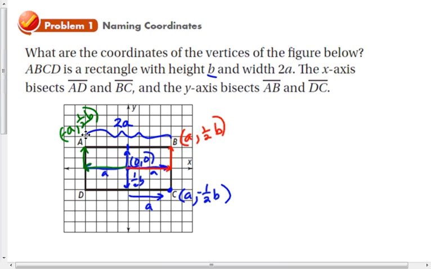And then our last point, we need to go over to the left A units and then down 1/2 of B. So left would be -A and down would be -1/2 B. All right, so that's how you write those coordinates. Go ahead, you try that.